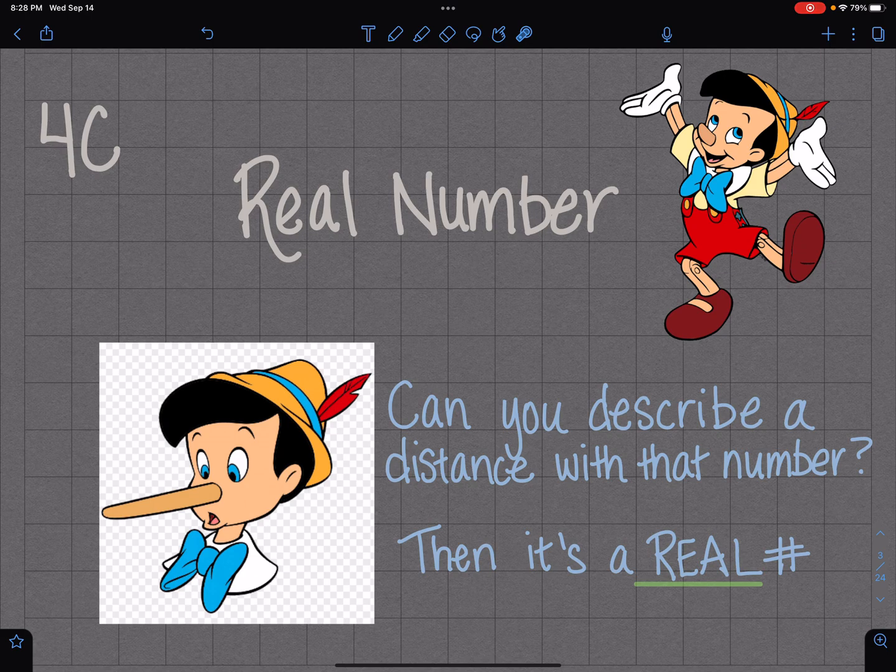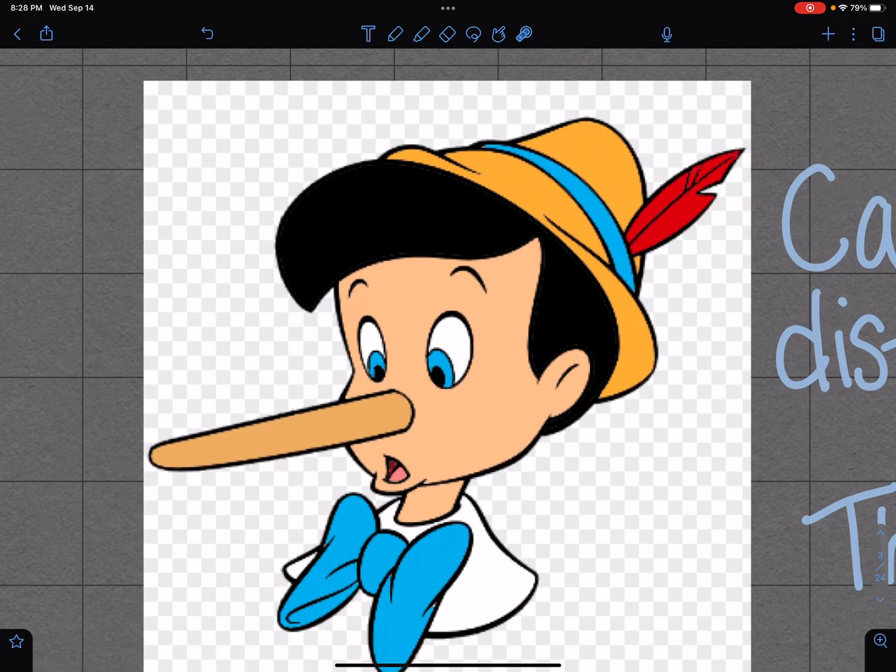So anything that can be used to describe a distance. And that's another reason why I put Pinocchio here, because he wants to be a real boy, so that reminded me of real numbers. But can you measure the length of his nose and describe it with a number? If you can, then that's a real number.